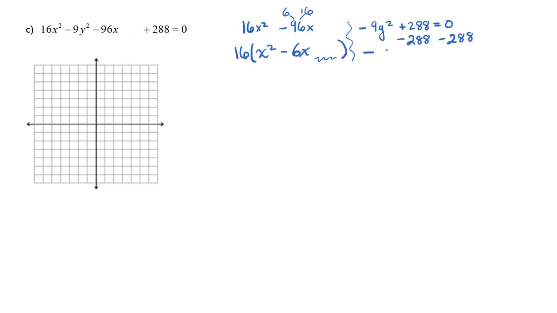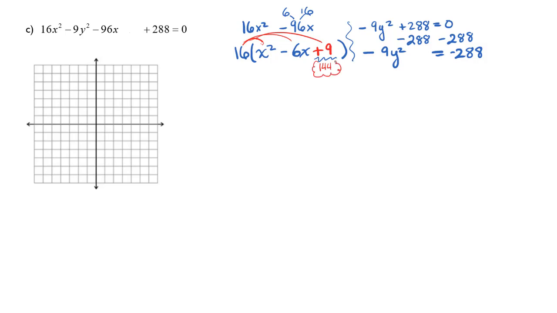I also have a minus 9y² = -288. Now I'm going to add 9 inside, but that's equivalent to 16 times 9 because of that distribution rule. Remember, you can distribute inside parentheses. So 9 times 16 is actually equivalent to 144.